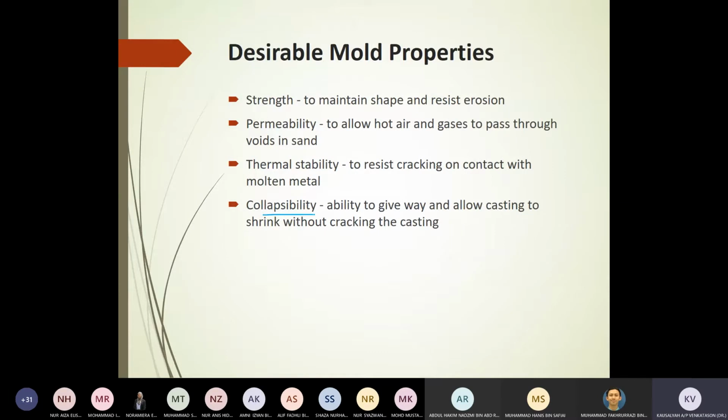Collapsibility is important in any expandable mold casting. Thermal stability is important for all castings. Permeability must be there as well. Of course, this is in sand casting or expandable casting, but in permanent casting it works in a different manner. It fills up the cavity correctly, and the strength has to be there.